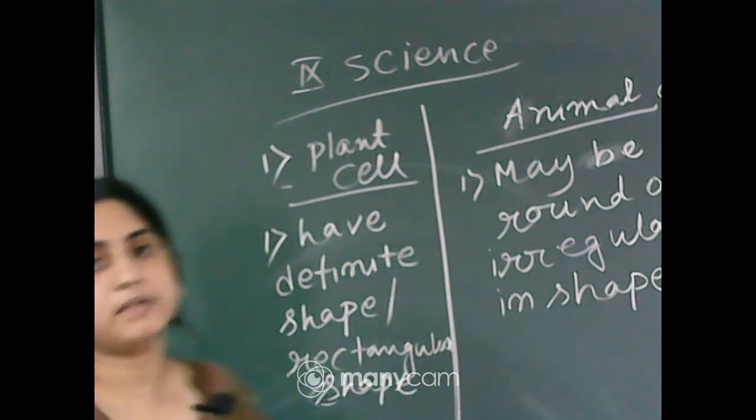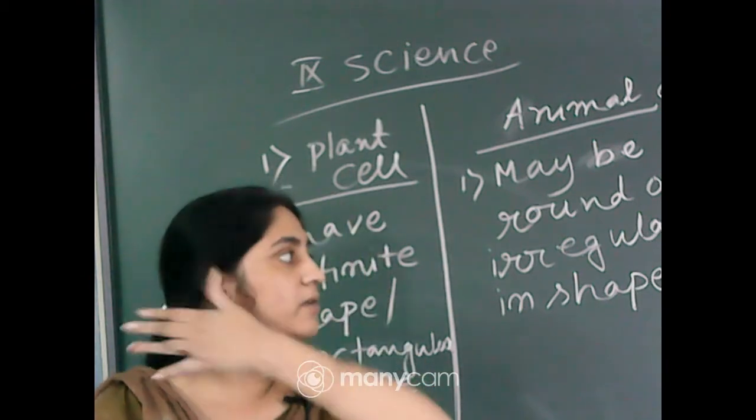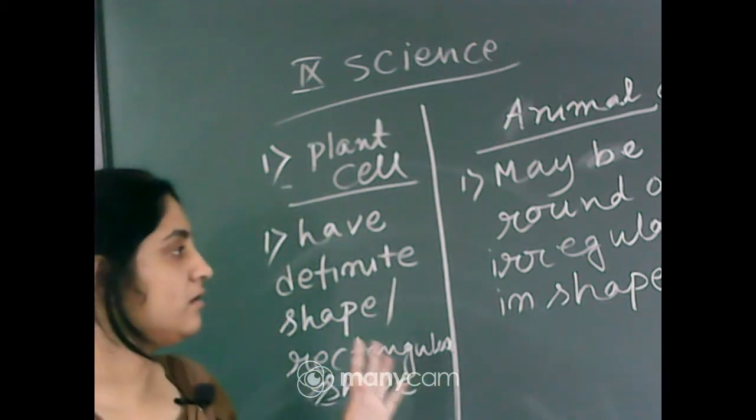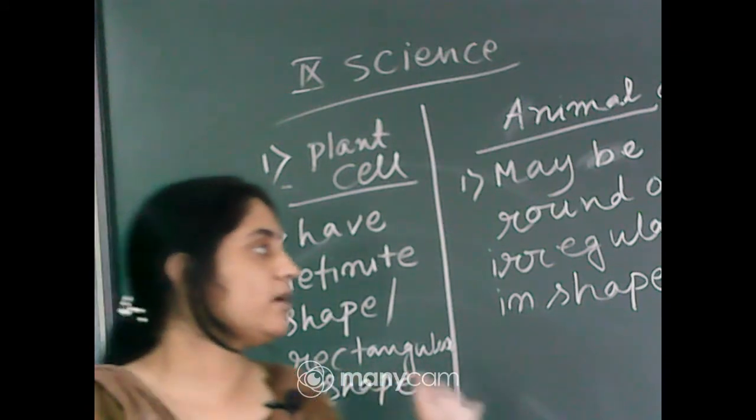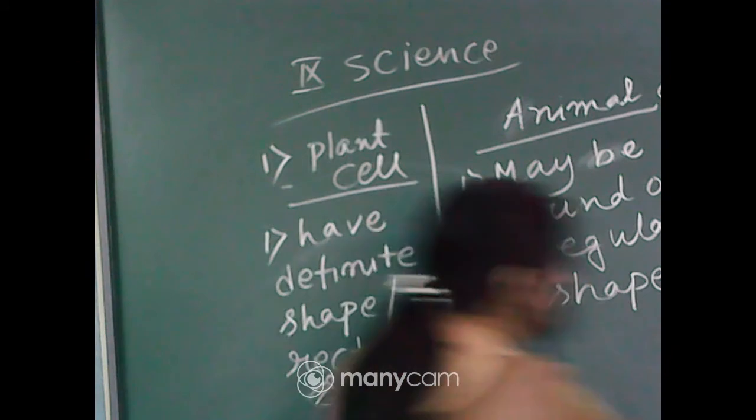First one, you can give the difference in shape: plant cells are rectangular or definite in shape, and animal cells are irregular or round in shape.